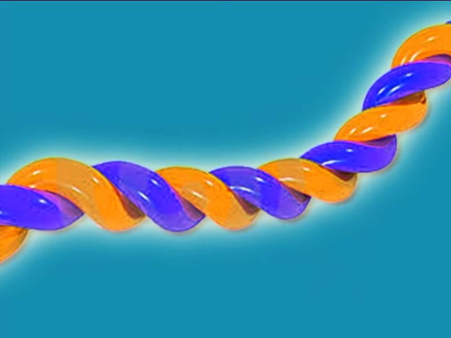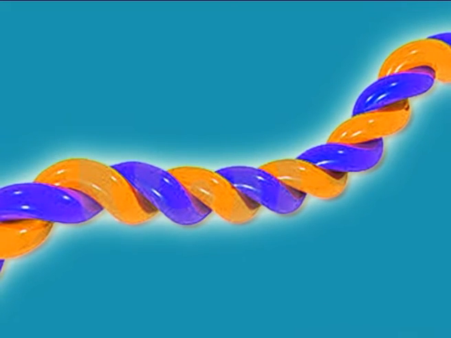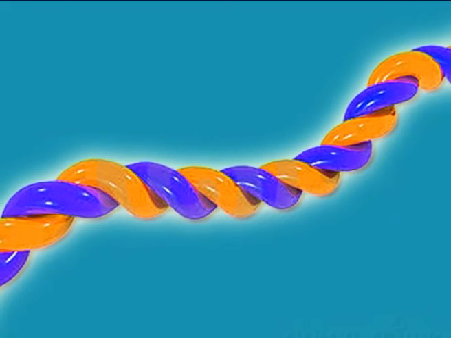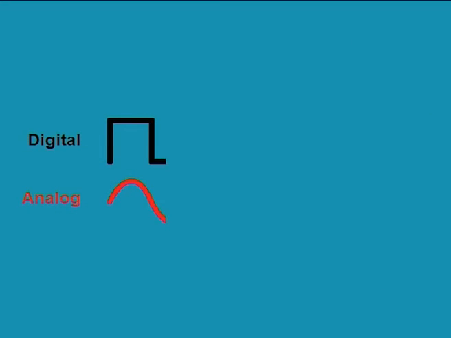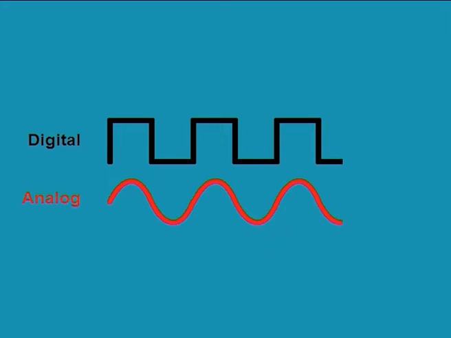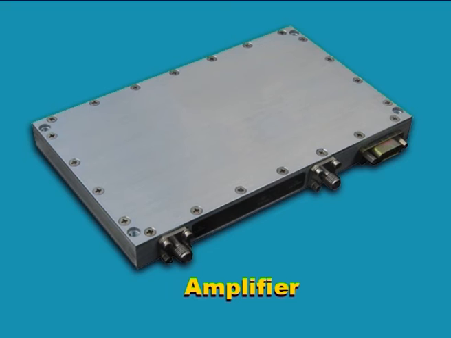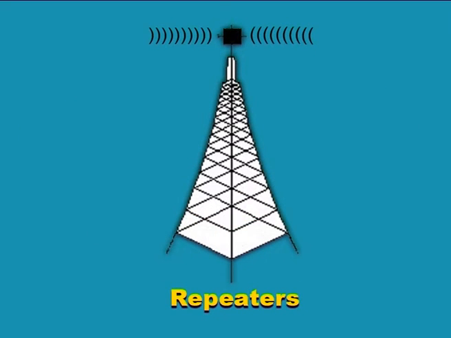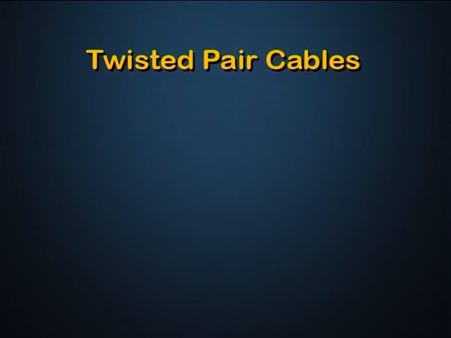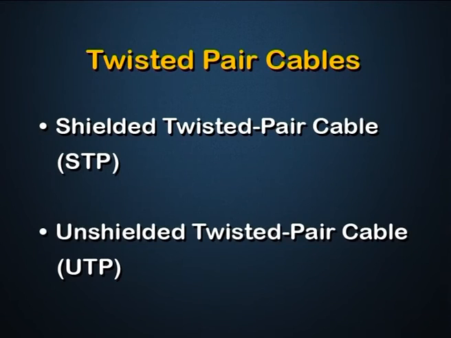The twisting tends to decrease the crosstalk interference between adjacent pairs in a cable. Twisted pair can be used to transmit both the analog and the digital signals. For analog signals, amplifiers are required, whereas in the digital transmission, repeaters are needed for higher data rates. Twisted pair cables can be shielded or unshielded.